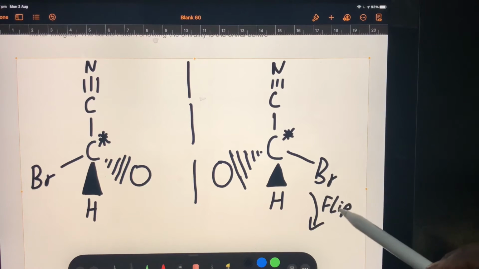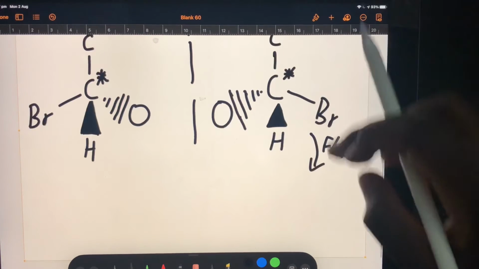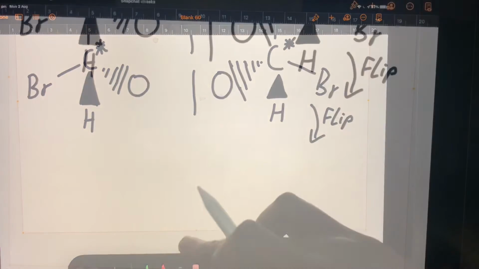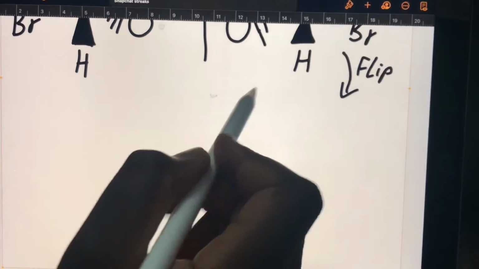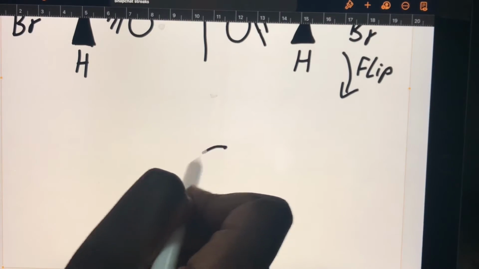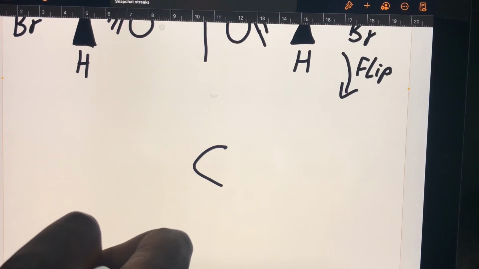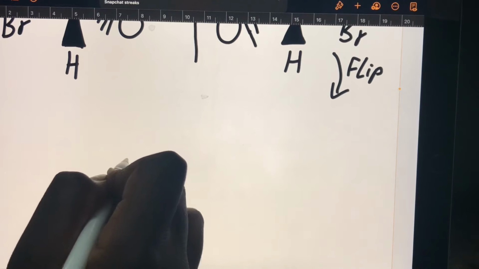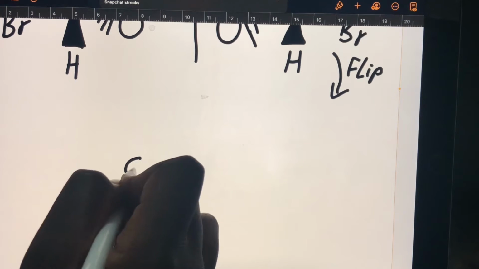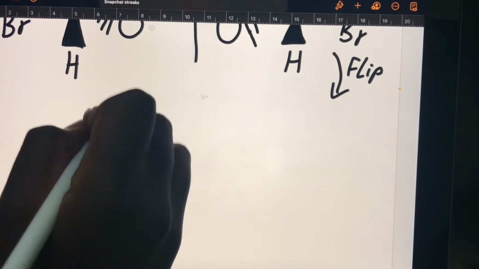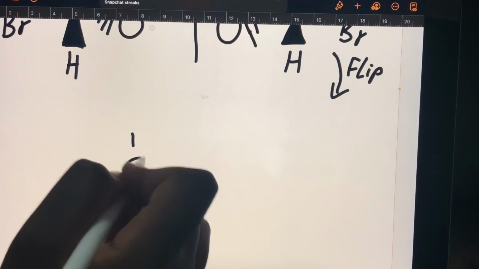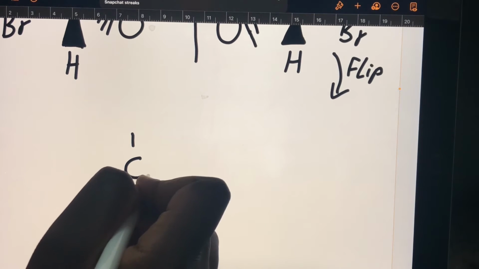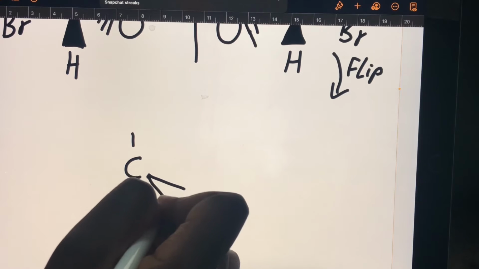If I was to flip this image, let's do a better image. Let's do it here. So this should be going into the page.